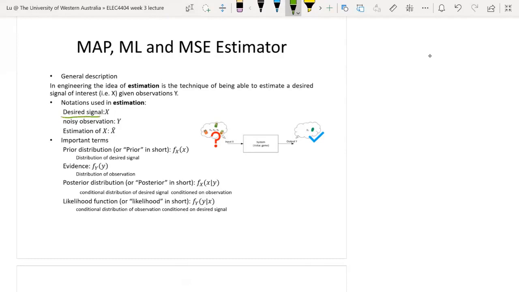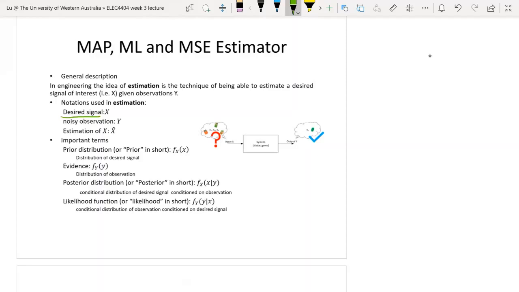And the notations used in the estimation process include the desired signal. In these lecture slides, we are using capital X, but in your future study in this unit, sometimes we are using the signal N or signal Y to denote the desired signal. So the notation is not really important, but the terms will be important. So desired signal means the true value of the variable X. The noisy observation is Y. In this case, it's the bin you picked.